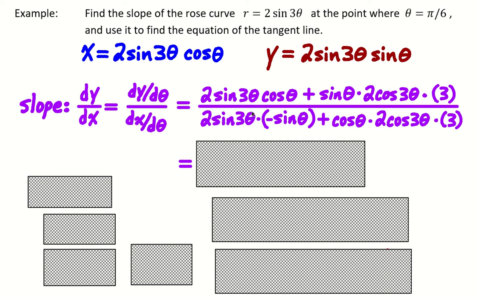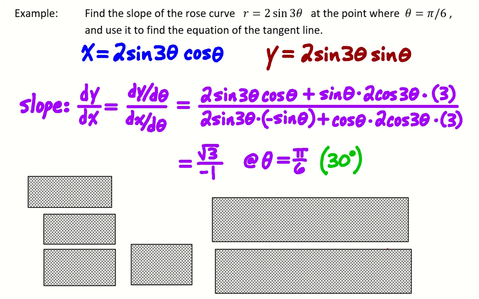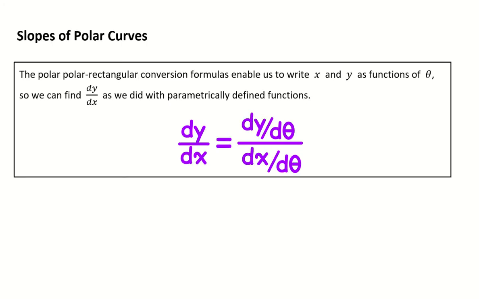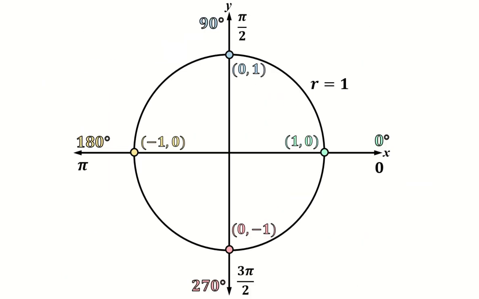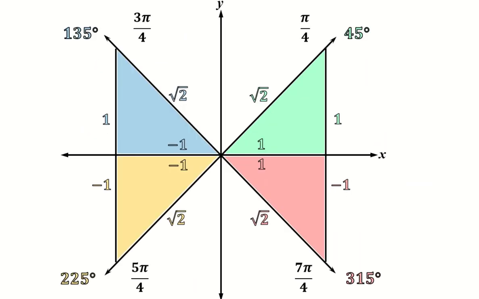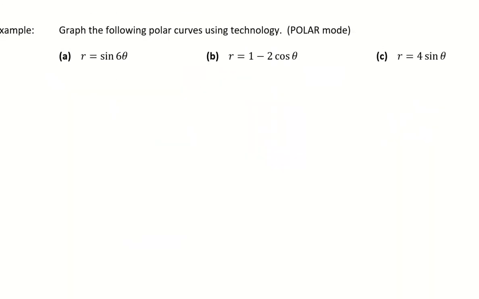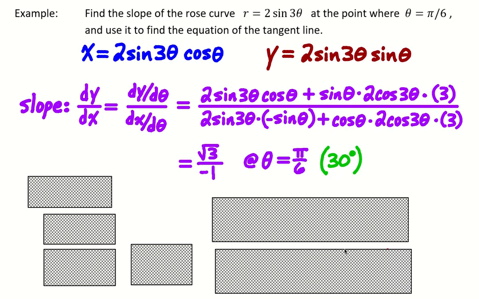Now, I suppose this cleans up maybe a little bit. I don't know. It doesn't really matter because the bottom line is that you're just going to be plugging in pi over 6, which is the same as 30 degrees. You can maybe make use of, or maybe you're good enough to do this in your head, what the cosine of 30 degrees is, or negative sine of 30 degrees, or what 3 times theta would be, 90, so what's the cosine of 90?